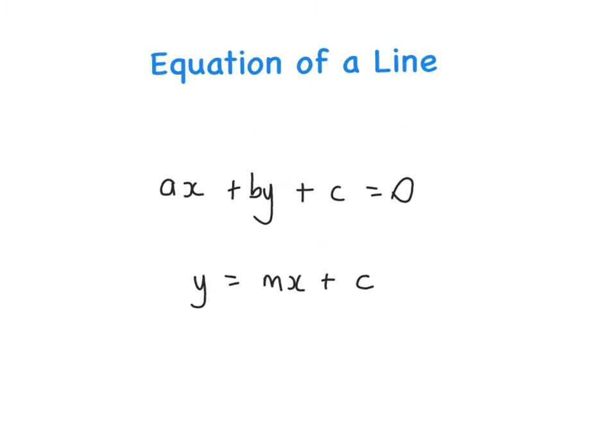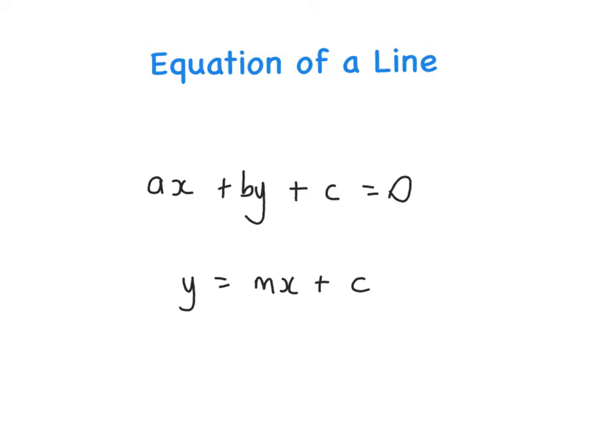But really, what are these things? They help to identify the line. And in the same way, we want to be able to identify circles. When we've been dealing with lines, the slope has been an important thing.